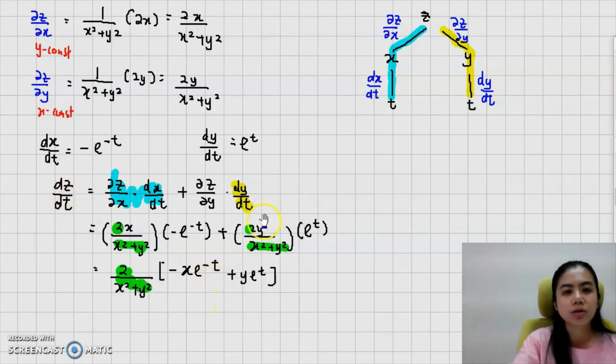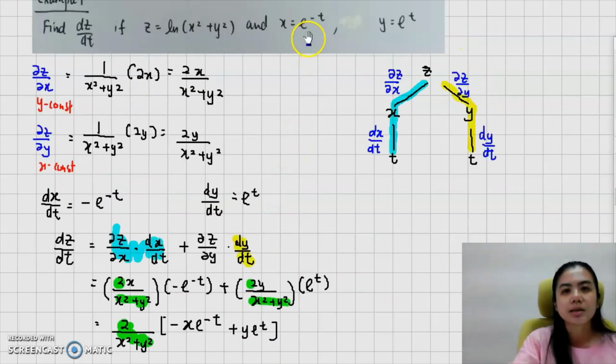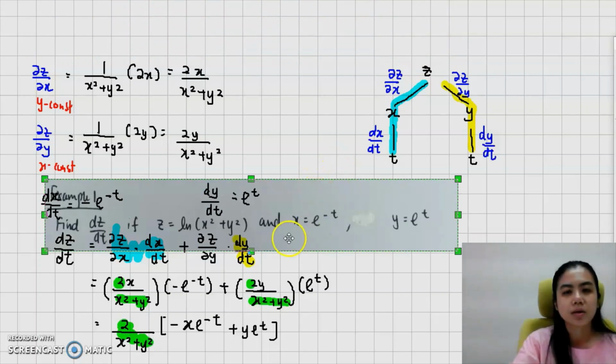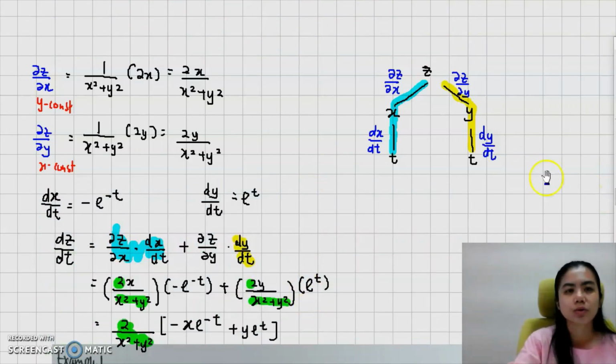So go back to the question just now. The question says that x is e to the minus t, and y is e to the t. So let me drag this down, so later we can refer to it here.